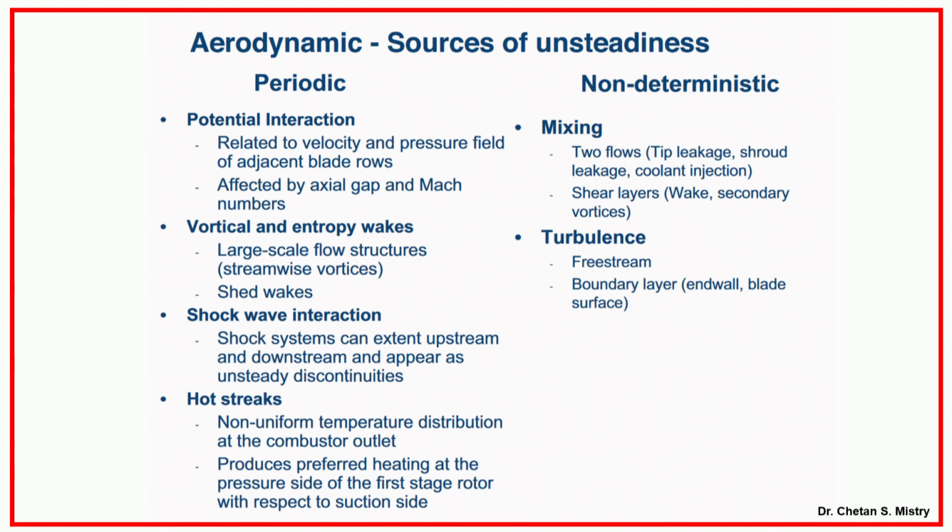Next is vortical or entropy wake, where large flow structures have shed wakes. Shock boundary layer interaction, or shock wave interaction, extends from upstream towards the downstream direction and gives you unsteadiness in the flow.